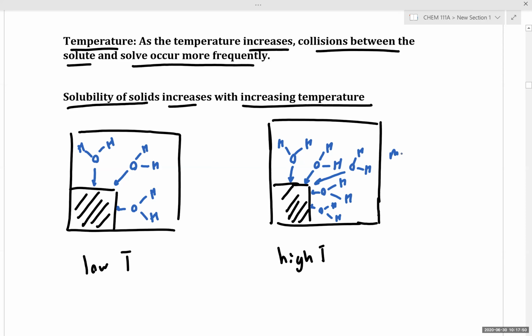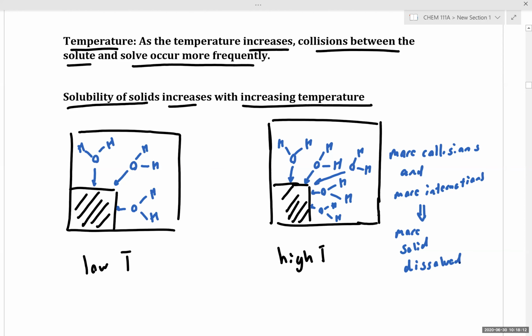So at high temperature, we have more collisions and more interactions, leading to more solid dissolved.